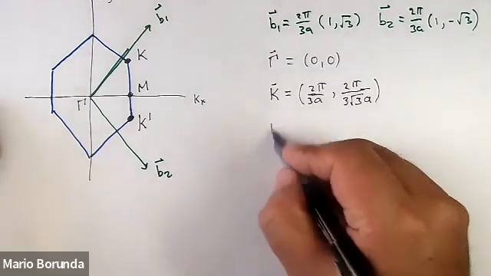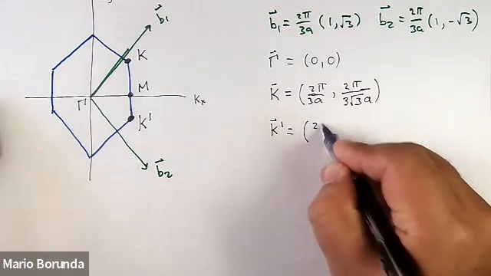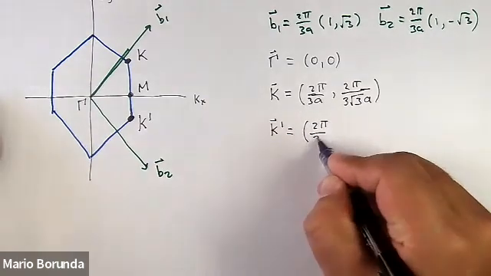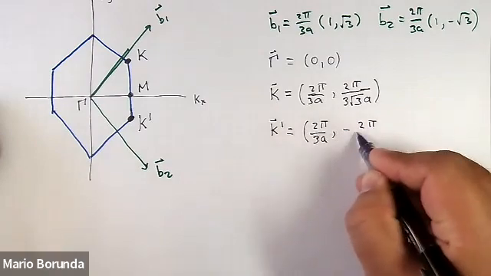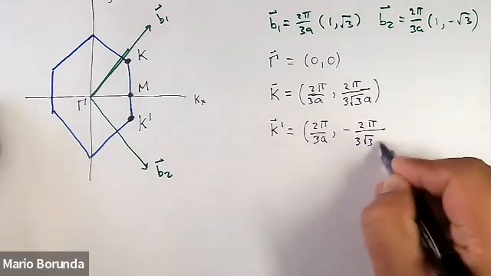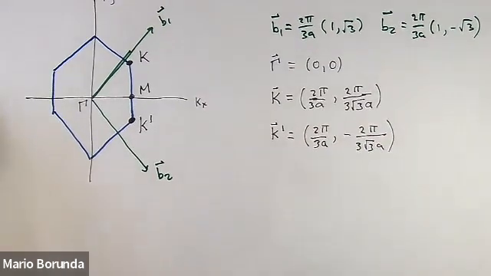So this one is also located at 2 pi over 3a, and then here is minus 2 pi over 3 square root of 3a. Okay, does it make sense up to this point? We're all good? Questions?